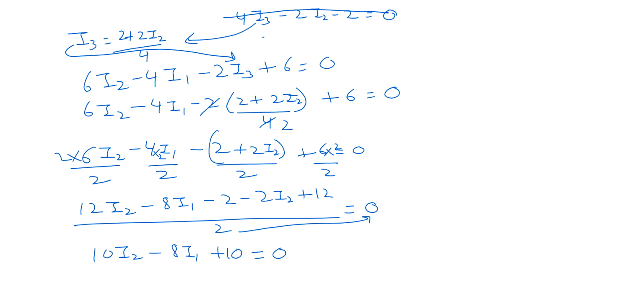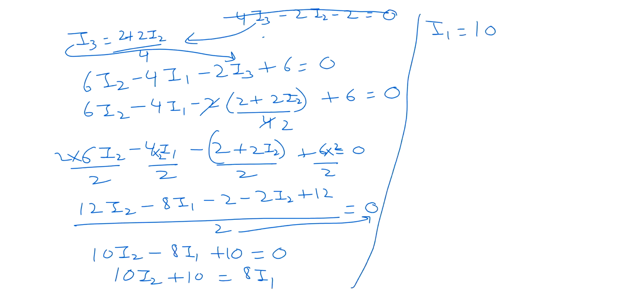Now I can find the equation in terms of I2. So 10I2 plus 10 is equal to 8I1, so I1 is equal to 10I2 plus 10 divided by 8.